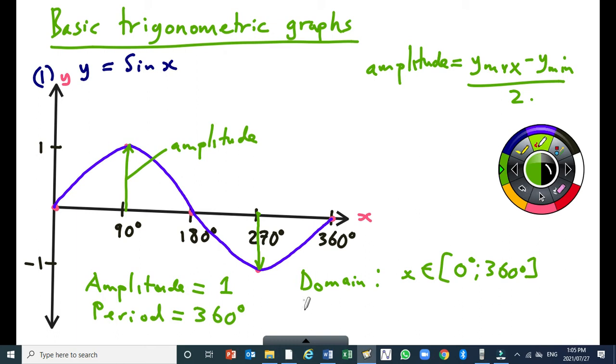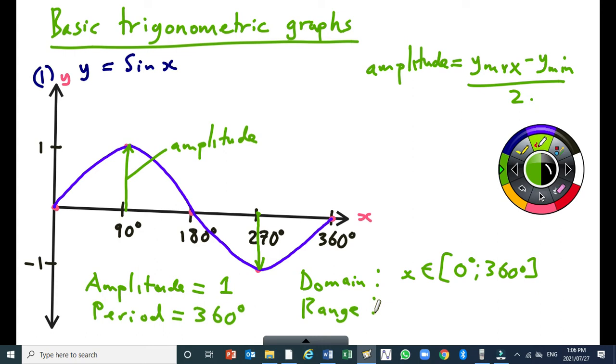The range. Here we are dealing with degrees, so it's not important to write x as an element of real numbers. Then for the range, remember it's the set of all the y values.